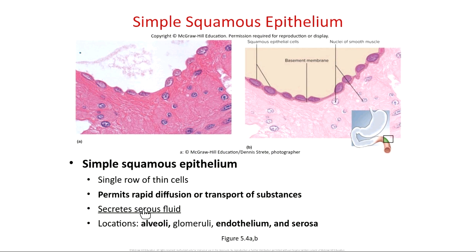Look, secretion of serous fluid is a function here because what makes up the mesothelium? Simple squamous. All right, remember mesothelium, that is your serosa. Okay, and so that serosa secretes the serous fluid. And these other places you already know. What is a glomerulus or what is glomeruli? Part of the kidney.